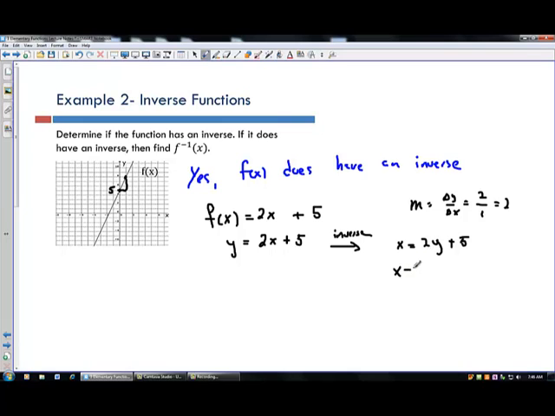So I get x minus 5 equals 2y. Divide both sides by 2. So I get y equals (x minus 5) divided by 2. Or I could be a little bit more fancy and write f inverse of x equals 1/2 x minus 5/2. I can give that 2 to each of these. And that's my answer.